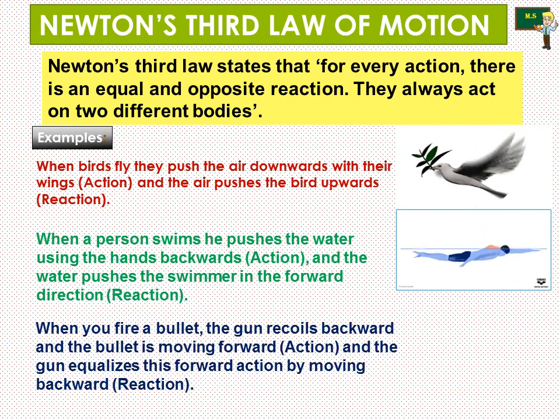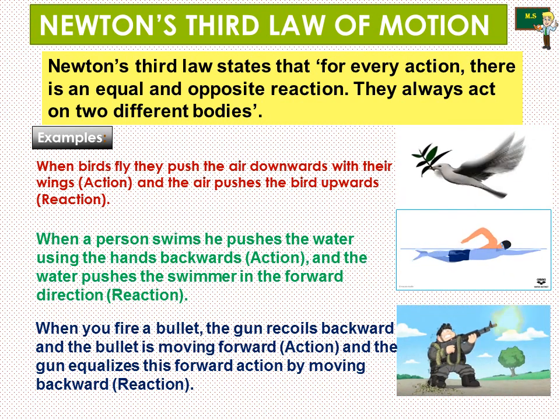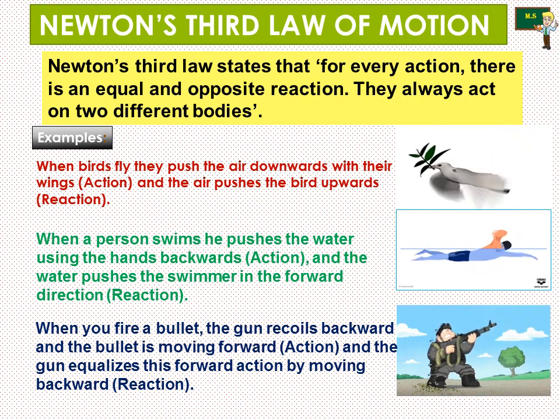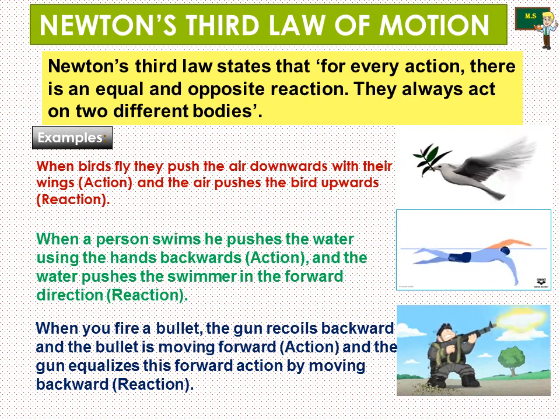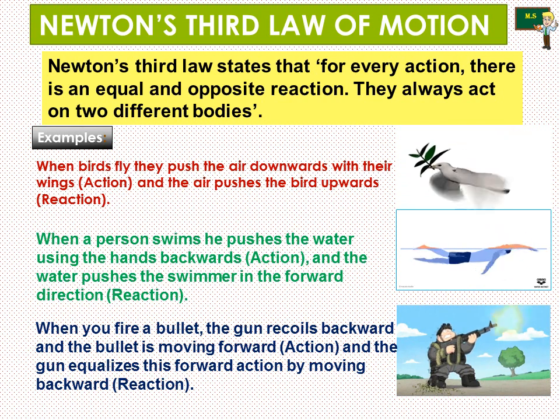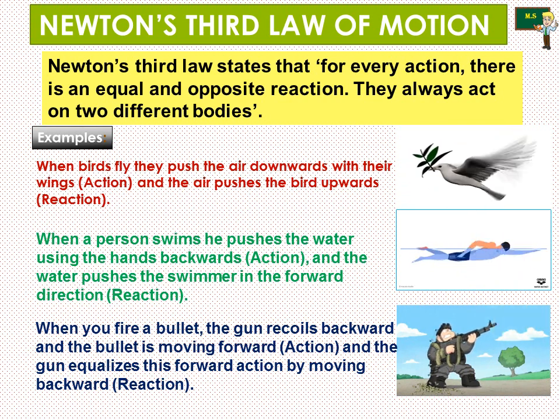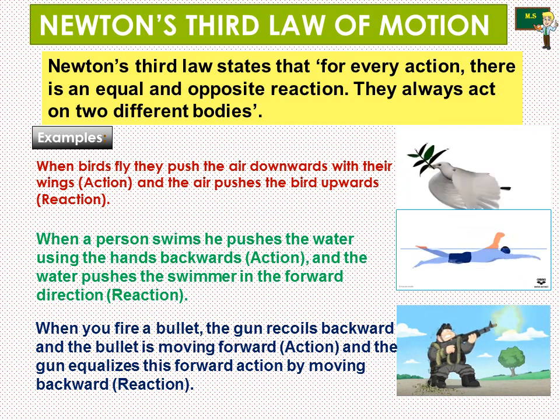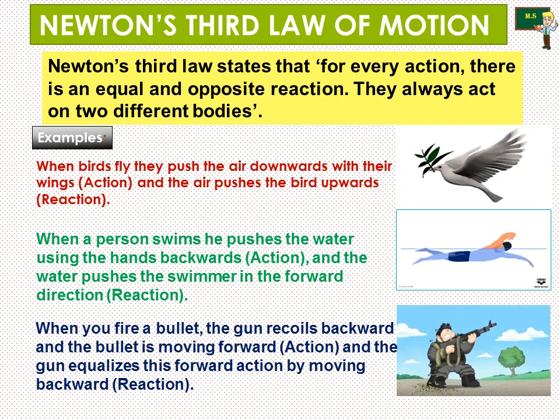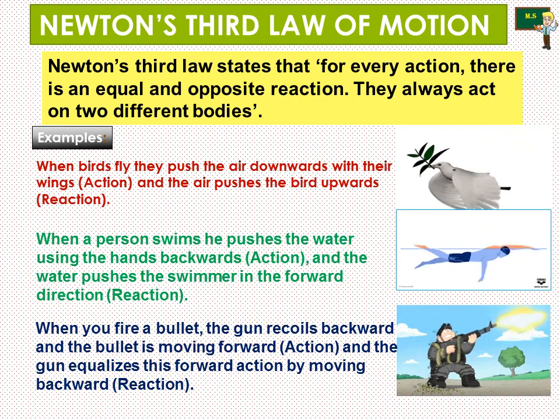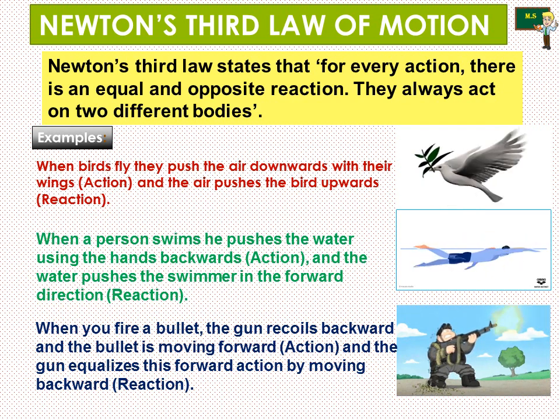Third one is when you fire a bullet, the gun recoils backward and the bullet moving forward is action. And the gun equalizes the forward action by moving backward, which is the reaction here. I think all these three figures will show you the examples clearly and neatly.